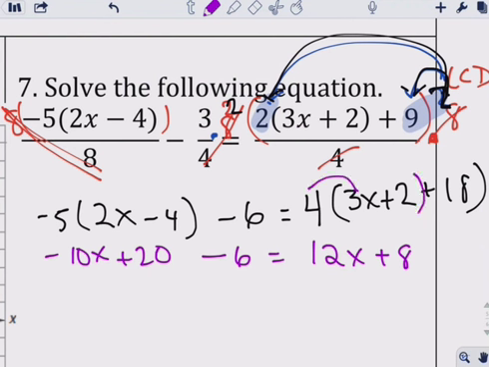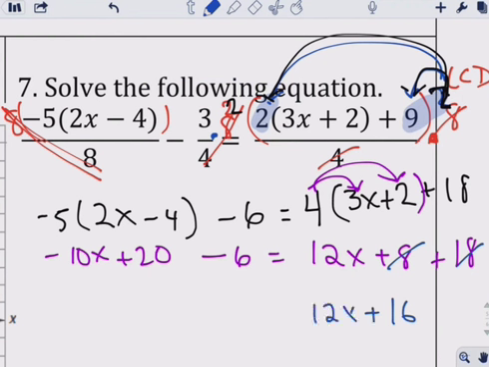Distribute that to here, that to there. Okay, and that plus the, oh, this doesn't get a parentheses. 18 there. Combine like terms. 16 plus 12x. Combine like terms. 14 plus negative 10x.